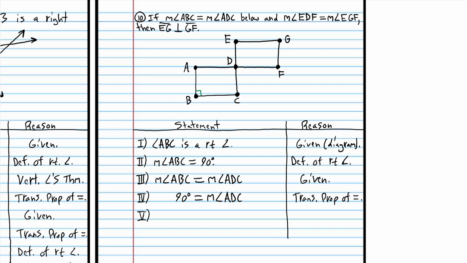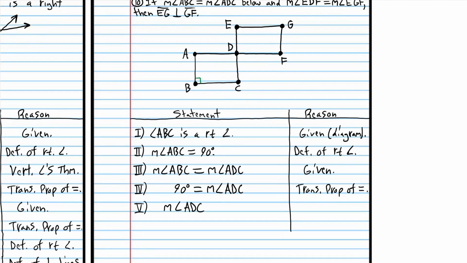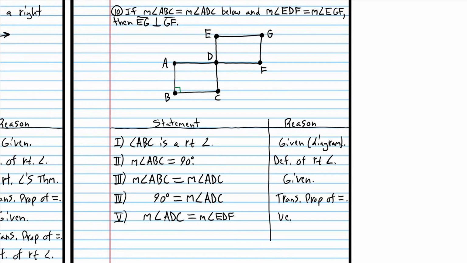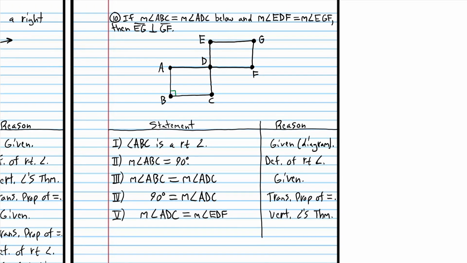Now, how do we prove that this angle is equal to this angle? Well, we're going to need the Vertical Angles Theorem. So we know that the measure of angle ADC is equal to the measure of angle EDF by the Vertical Angles Theorem. Now again, I kind of skipped there. I didn't say the actual Vertical Angles Theorem that we stated says that vertical angles are congruent.